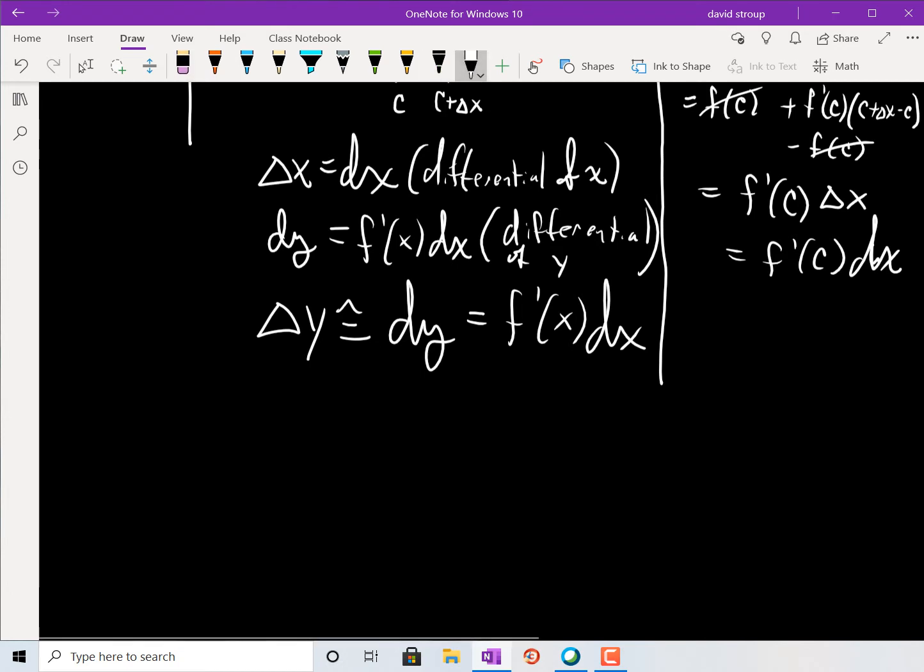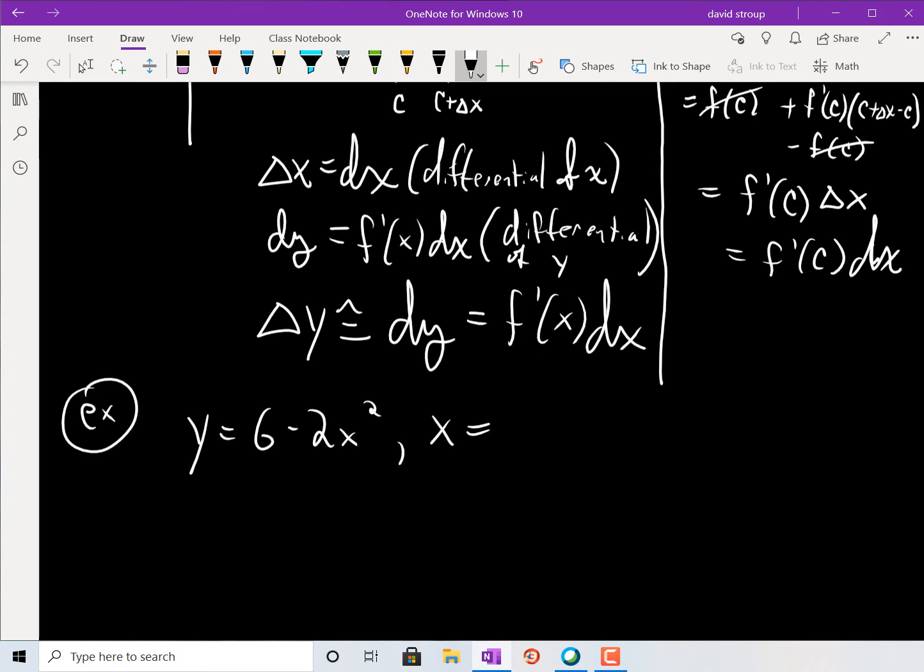So example, we have y is 6 minus 2x squared. We're interested in x equals -2, and our change in x, which is our differential of x, is 0.1. We want to compare delta y and dy. So delta y is going to be this thing above here, evaluated at x plus change in x.